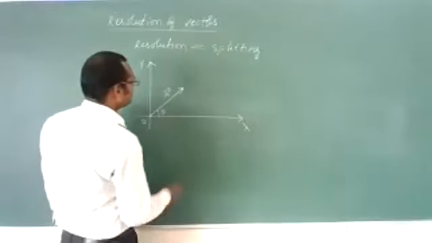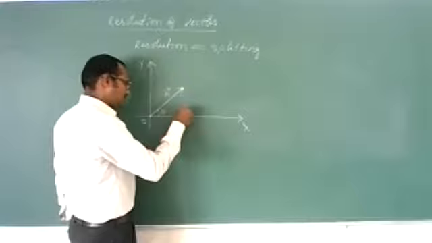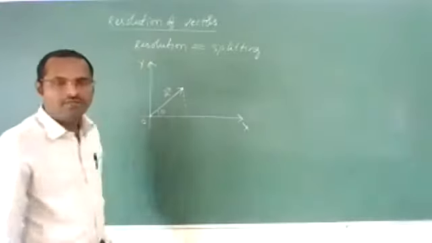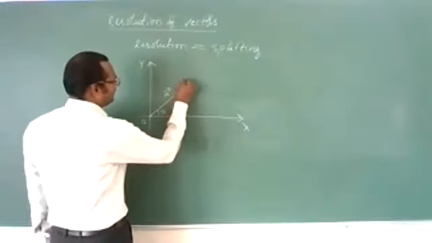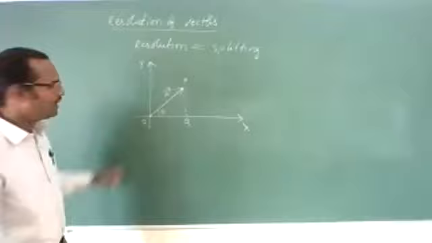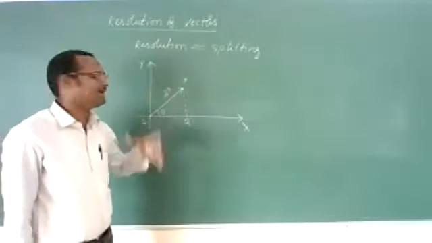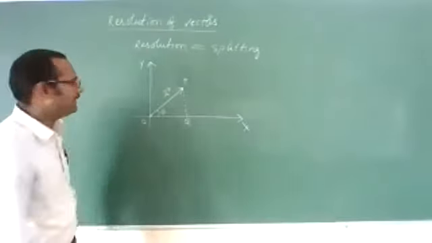Simple. Let us draw one perpendicular to this. I'll name the points O, P, Q. OP is one vector, that is A bar. PQ is a perpendicular.